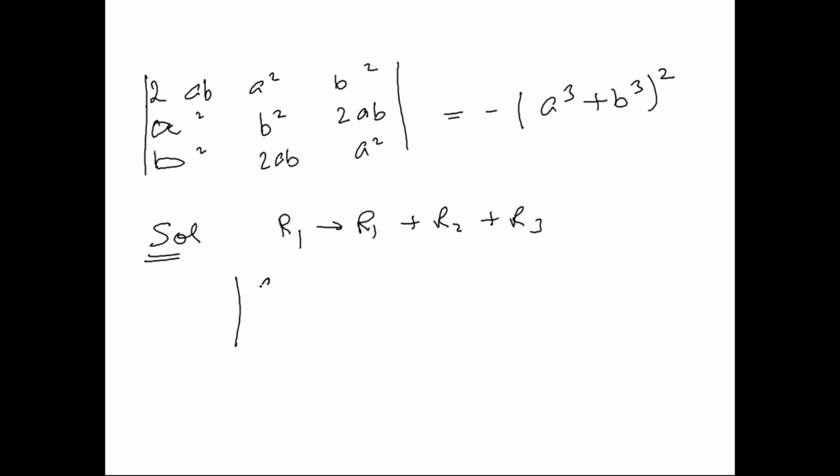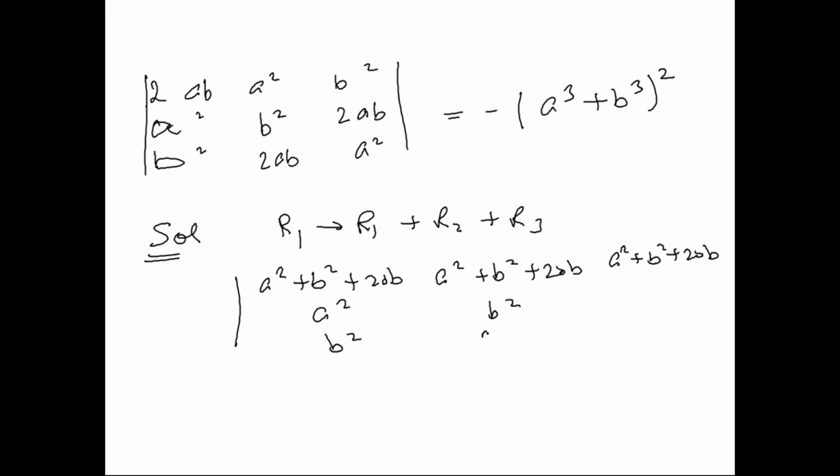So I will be getting a square plus b square plus 2ab in all three places of the first row, and the other rows stay the same: this is a square, this is b square, 2ab, 2ab and a square over here. Now I can take a square plus b square plus 2ab common from the first row. This becomes 1 1 1.